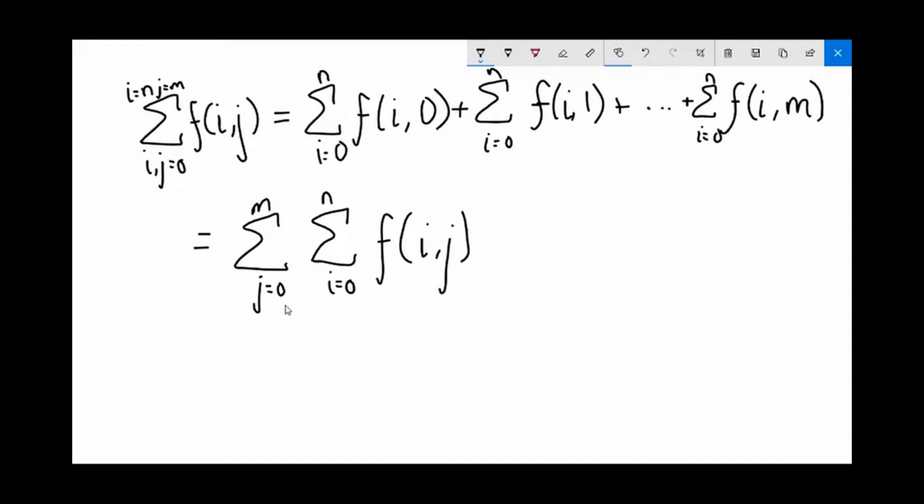So that just simply means that you start with this summation here, and so starting with j equals 0, you run all of this from i equals 0 to n, and then you move on to j equals 1, and again run all of this from i equals 0 to n. So if you break it down into two different summations, you don't get confused about the possible outcomes, and it makes it a lot more manageable.